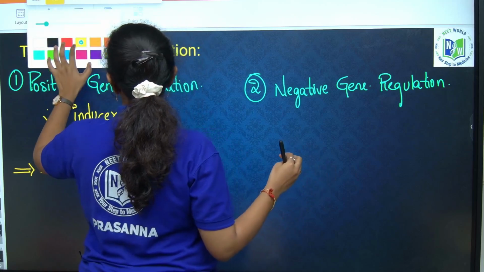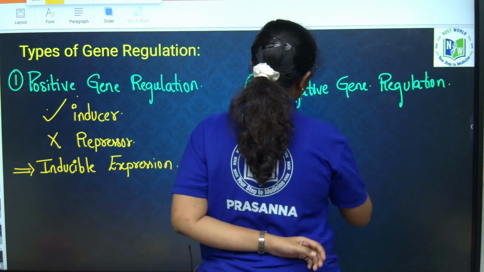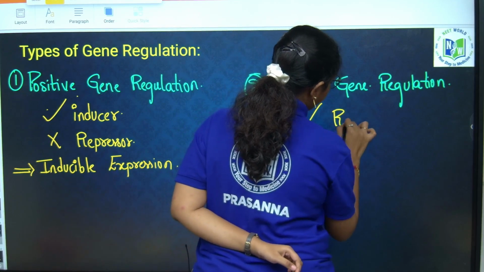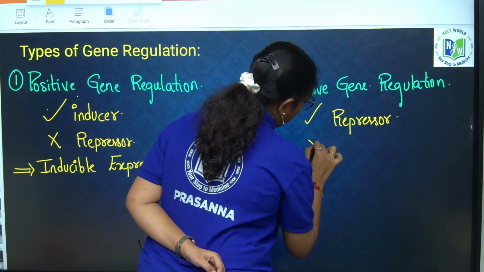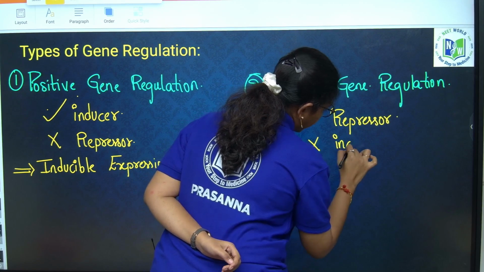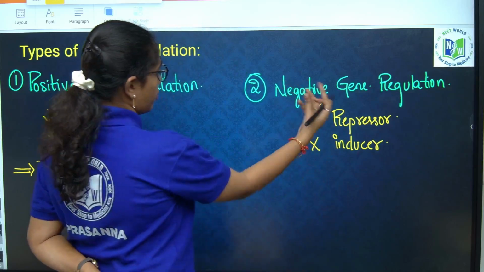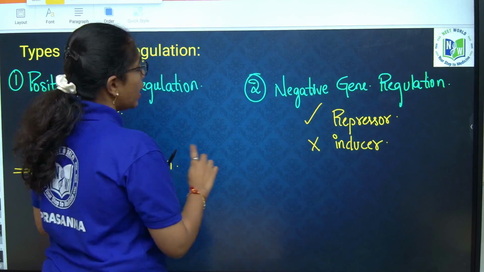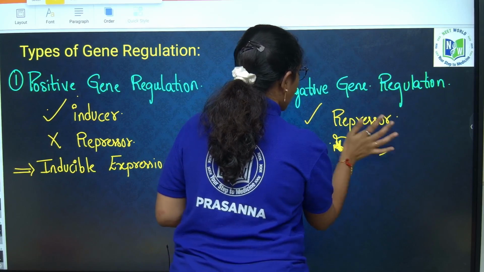If you take negative gene regulation, it is conducted either in the presence of repressor or in the absence of inducer. Better you can use the term activator, or in the absence of activator.